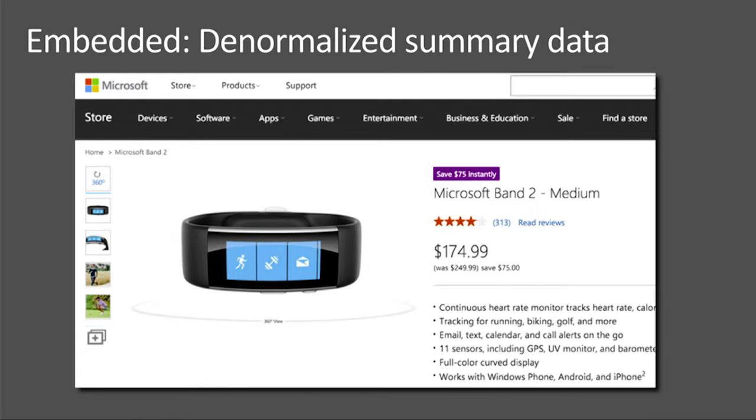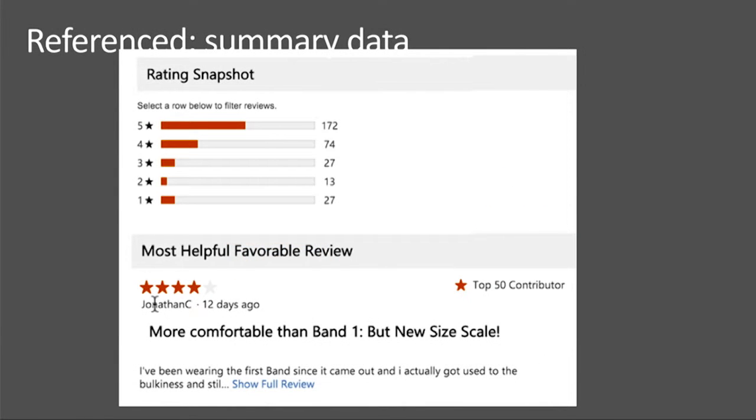But if we were to take some guesses, there's probably some master document that has general information about the product. Maybe it has some cached or pre-computed information about the number of reviews. And if we were to drill down on the reviews, maybe it has the rating snapshot pre-computed. It has the most helpful voted review. So we see a lot of interesting things in this one example.